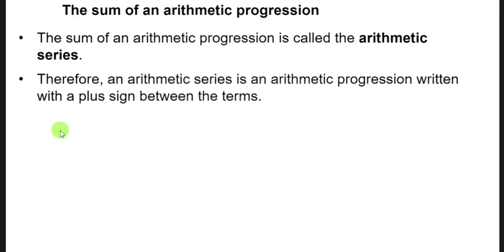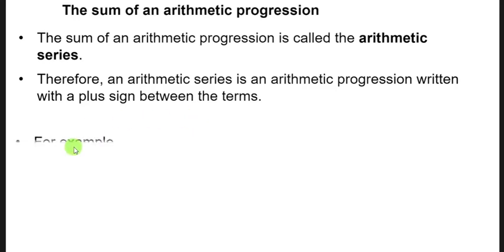So, therefore, an arithmetic series is an arithmetic progression written with a plus sign in between the terms. So if we have an arithmetic progression and then we decide to put a plus sign in between those terms, then we are now coming up with what we call the sum of an arithmetic progression or the arithmetic series.